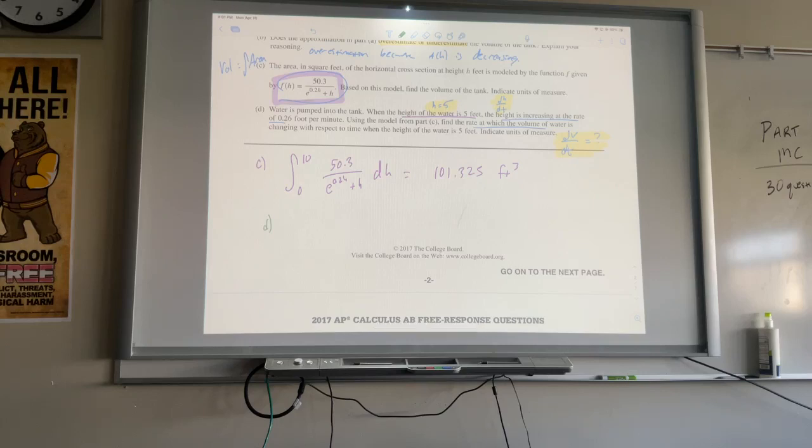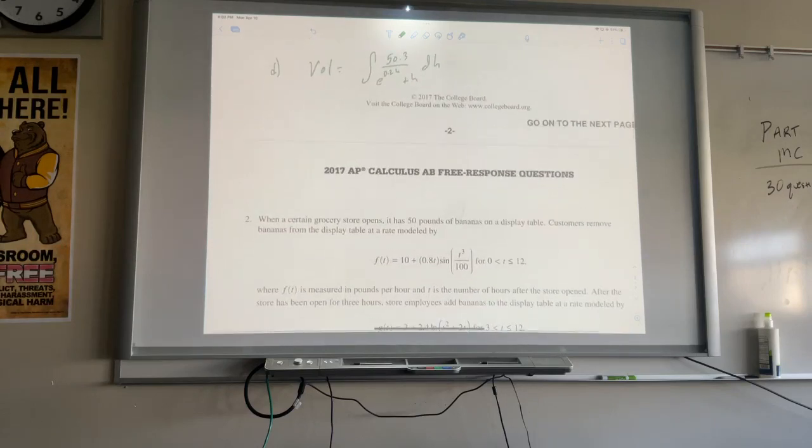Is this the volume? No. What is the volume? The volume is the integral of this. So basically we do the derivative of the volume? Now, let's take a derivative of both sides with respect to t.